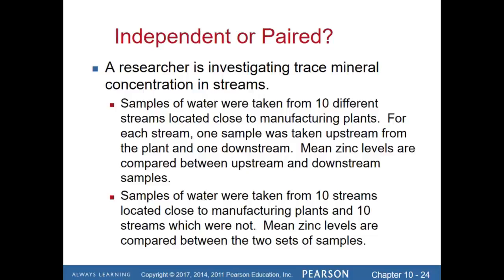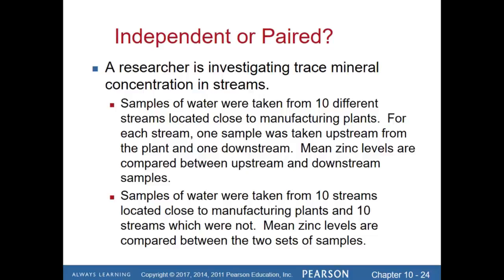So zinc level is a numeric variable. We are comparing the means of different water samples in this case. And so the question we're asking is, are those independent samples or are those paired samples? Now, before we try to answer that question, let's look at the other example. In this case, we're talking about samples of water from 10 streams located close to manufacturing plants and 10 streams which are not close to manufacturing plants.